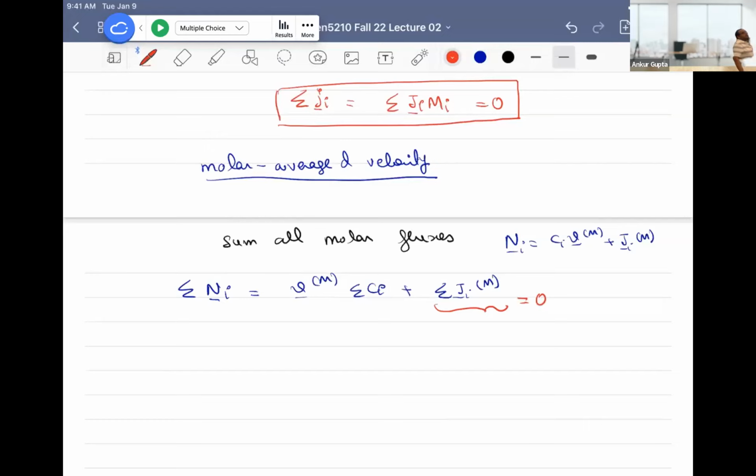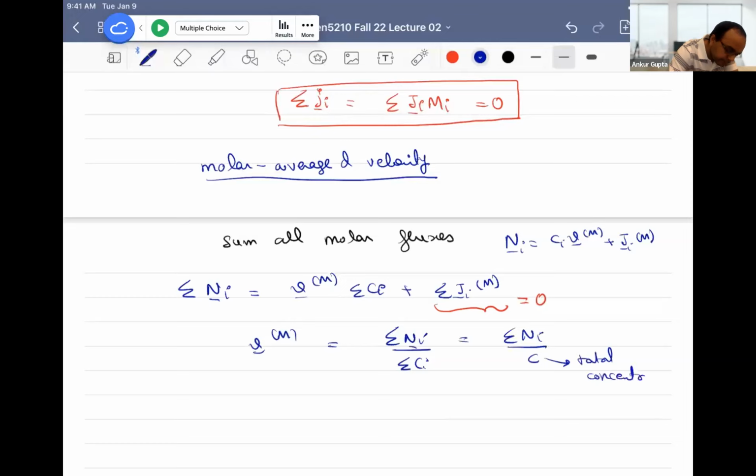If you use mass for the velocity, then it is your small gi. That is the difference. And this means that my molar velocity would be the summation of Ni over the summation of Ci, or the summation of Ni divided by C, which is the total concentration. Make sense? Any questions on this?